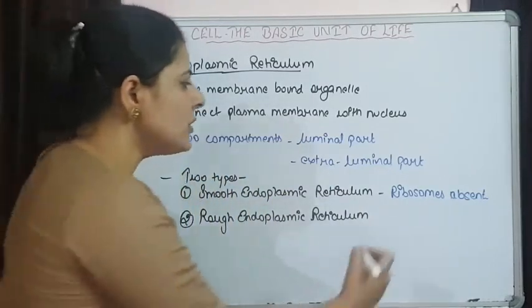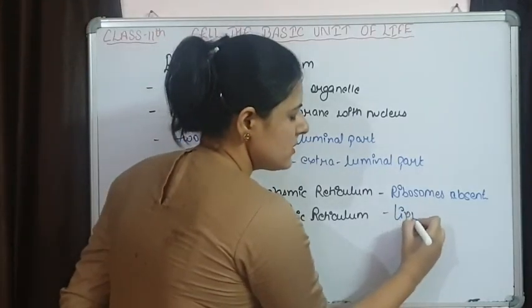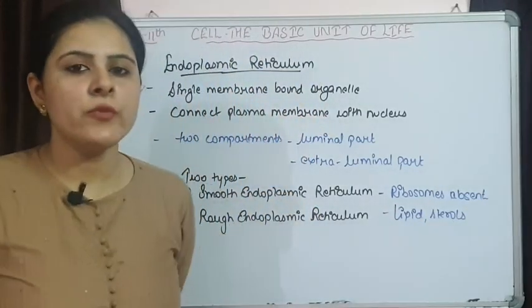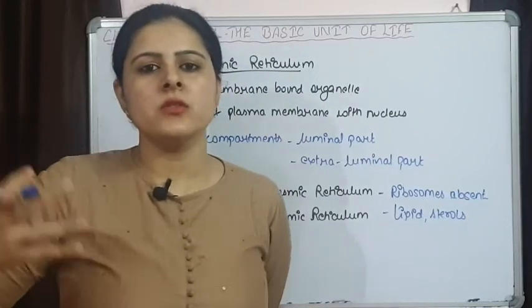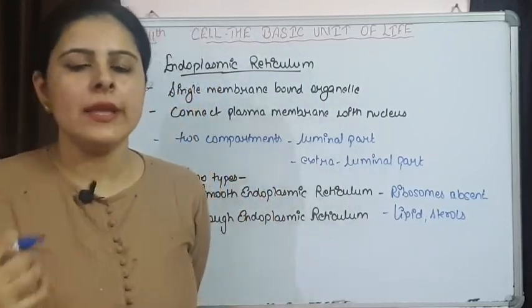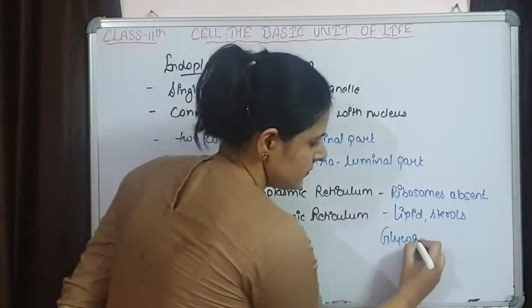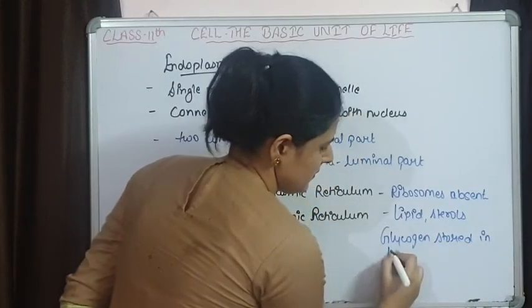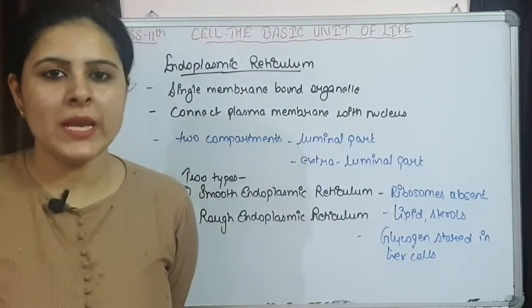reticulum. The smooth endoplasmic reticulum is involved in the synthesis of lipids and sterols. So these are going to be found more in those cells that are involved in the storage and synthesis of fats, like glycogen that is stored in liver cells. So they have more of the smooth endoplasmic reticulum.